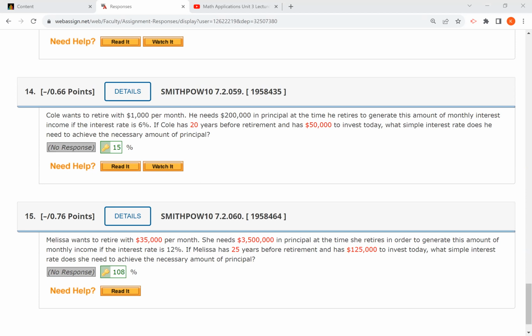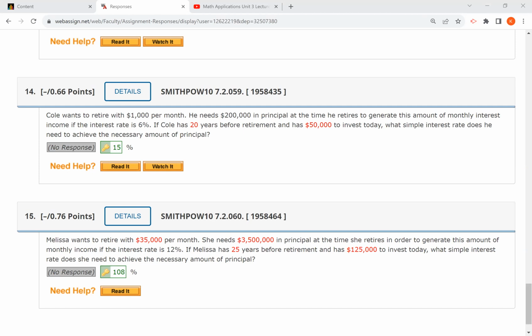So 50,000 times 20 would be 1 million, and then you would have your R beside it. Then you would need to divide by your 1 million. In this case, you'll see in your calculator it's 0.15 equals our rate. And again, we need to multiply that times 100% to show this as a percentage rate. So that would be 15%.